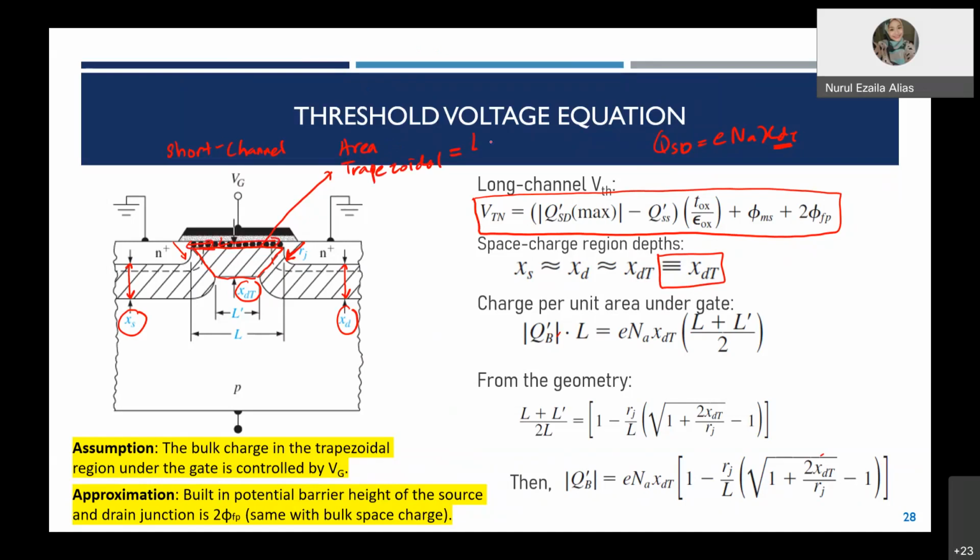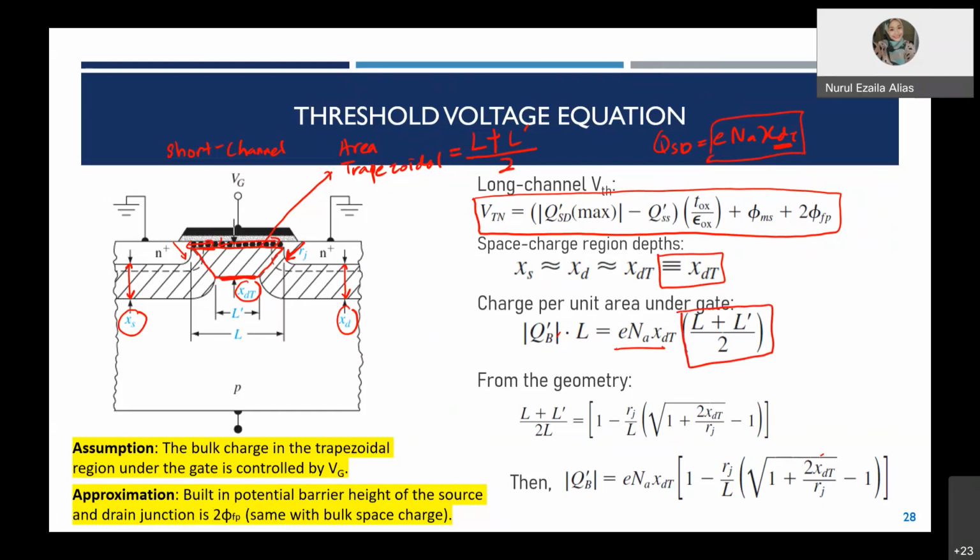Plus the new length over here, this is L prime, over 2. So this is the trapezoidal area: L plus L prime over 2. So that's why for the charge per unit area, instead of just having E and A x dt, you have to multiply with the new area, which is L plus L prime over 2.